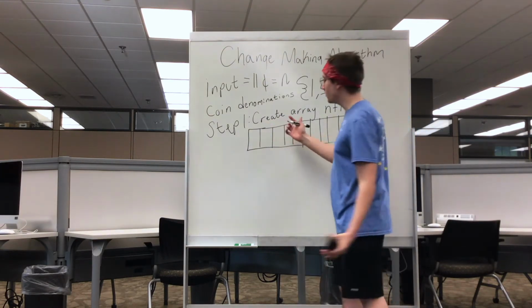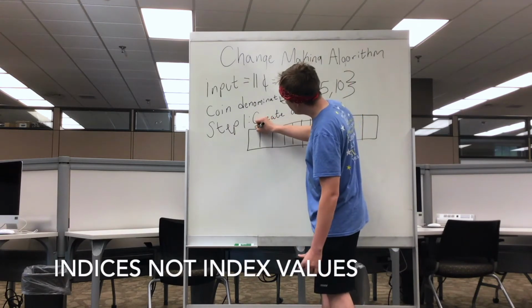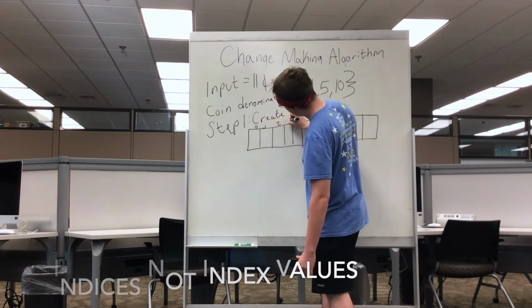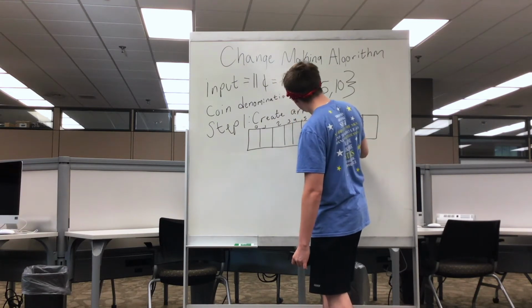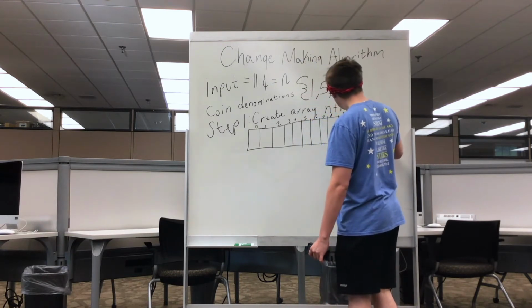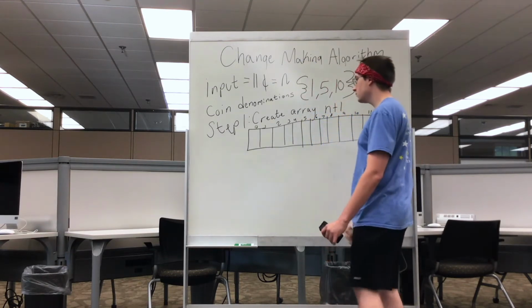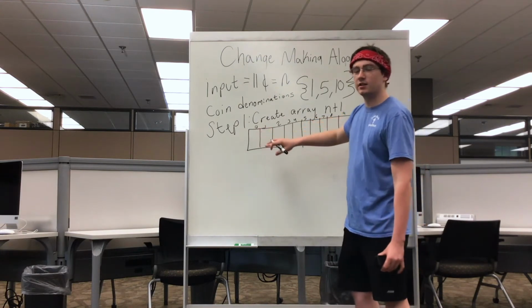All right, so now that we have our array, let's go ahead and label our index values. And what these index values actually represent is the number of coins.